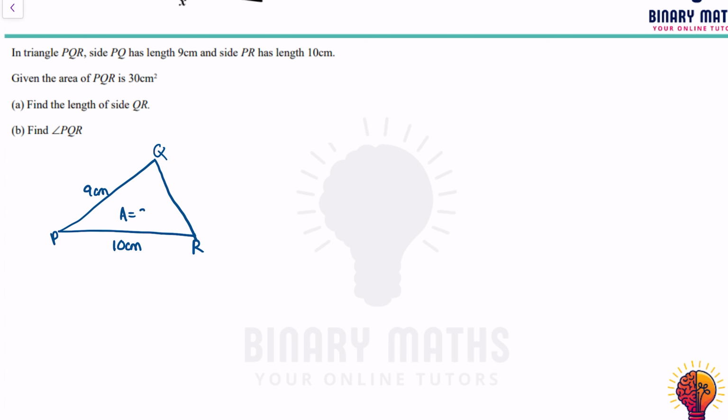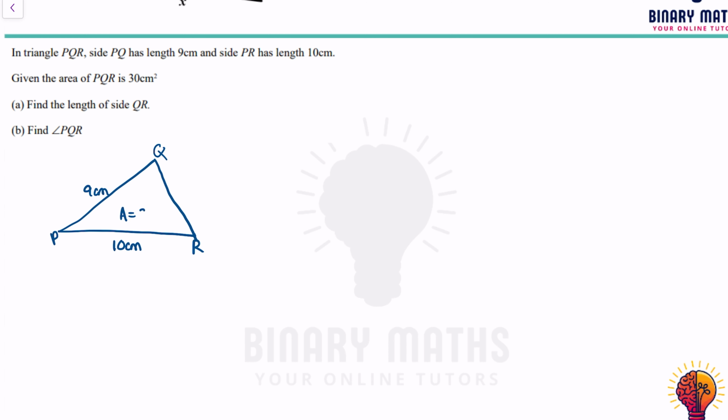Okay, so before we can find the length of QR, I think it's important that we find this angle. Because we know the area, I need to use the area of the triangle formula.